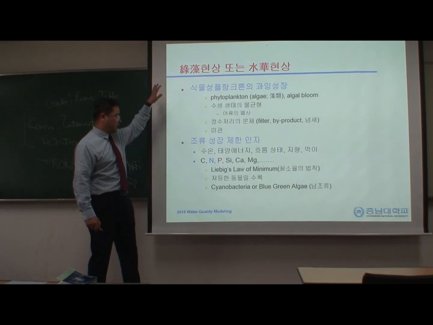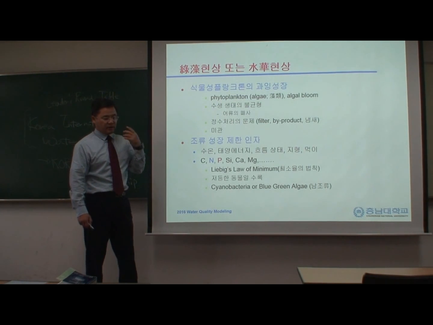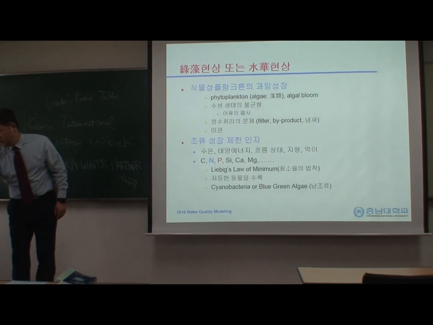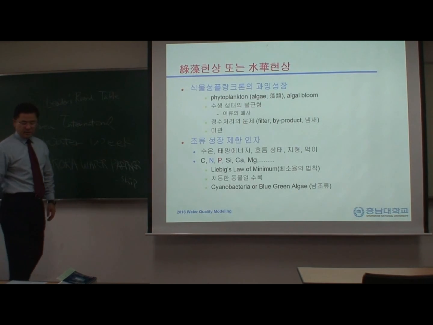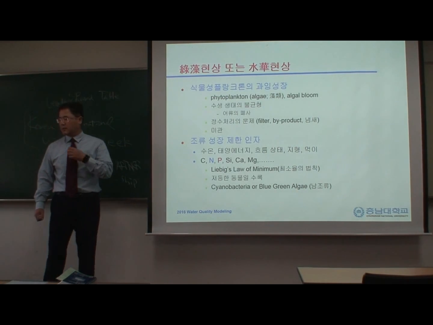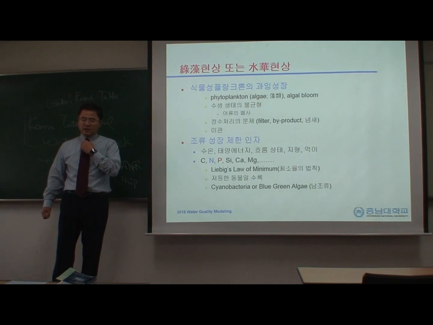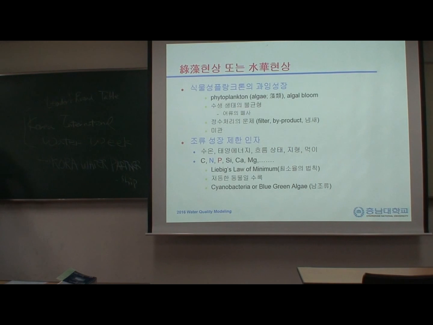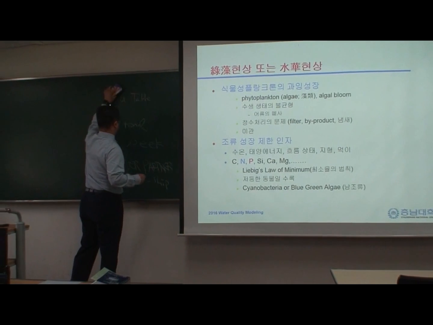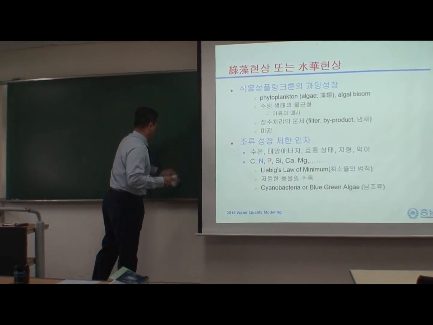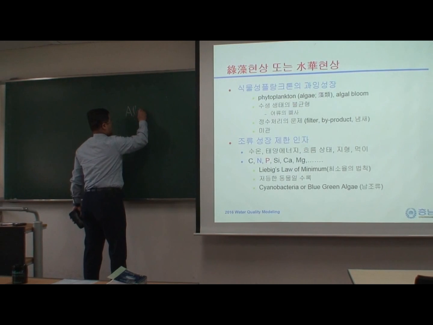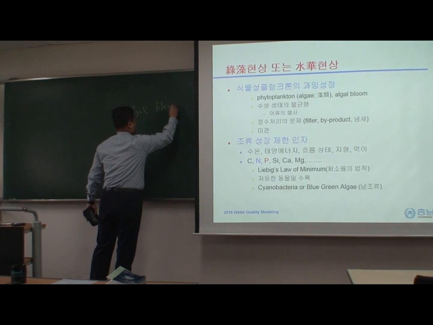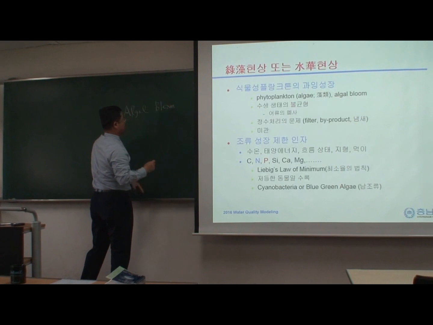Okay, and then I talked about eutrophication or algal bloom. At this time, as I said a few times before, we try to model algal bloom in the Han River.